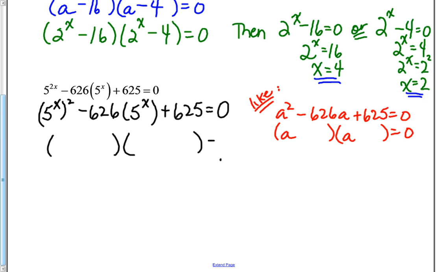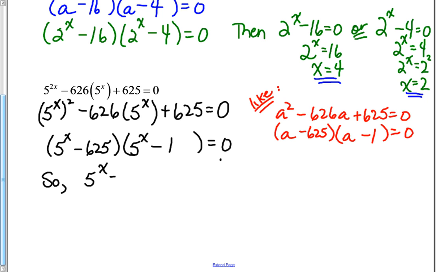simple trinomial, I'm going to have 5 to the x. Okay, I need two numbers that multiply to positive 625 and add to negative 626. So negative 625, I say so a lot, minus 1. Let's solve these two. So either the first bracket is 0, or the second bracket is 0.